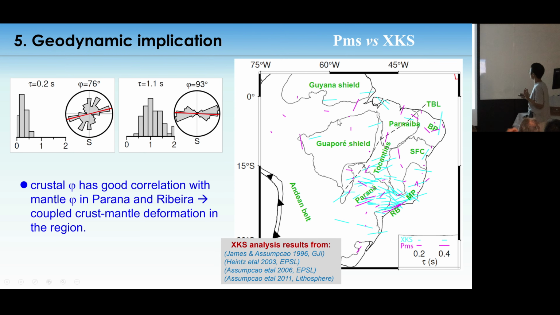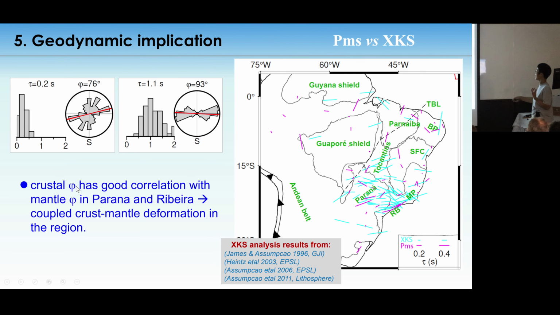Besides this, we see a very interesting feature in this area, where the scales of these two data are different. Anyway, the mantle anisotropy here also has a small-scale direction rotation, and the crustal anisotropy shows a similar tendency here and here in the Hibela belt.